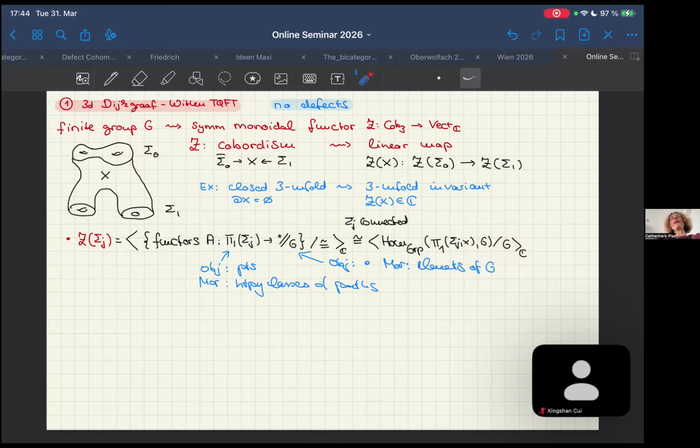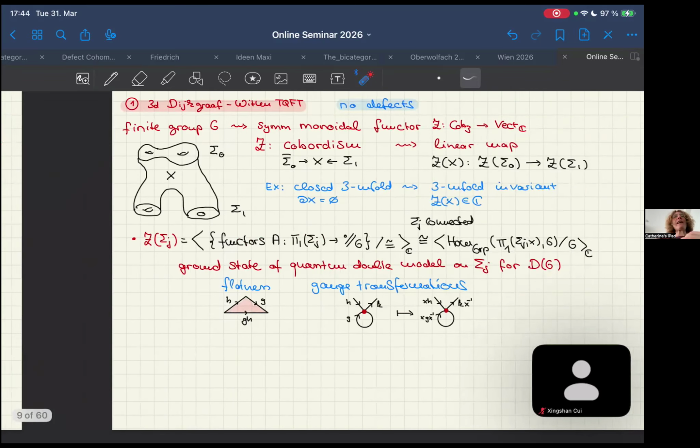So you have conjugacy classes of group homomorphisms from the fundamental group of the surface into G up to conjugation. And then you take the free vector space generated by this. So that's the boundary vector space.